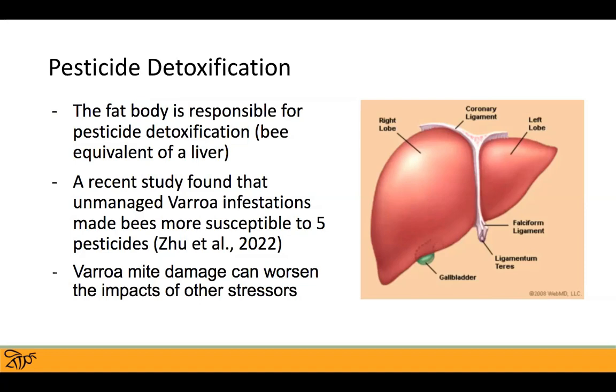These 5 different pesticides came from 5 different classes of insecticides. So basically, they were to give a representative sample of a bunch of different types of pesticides. And that's why these 5 were chosen.